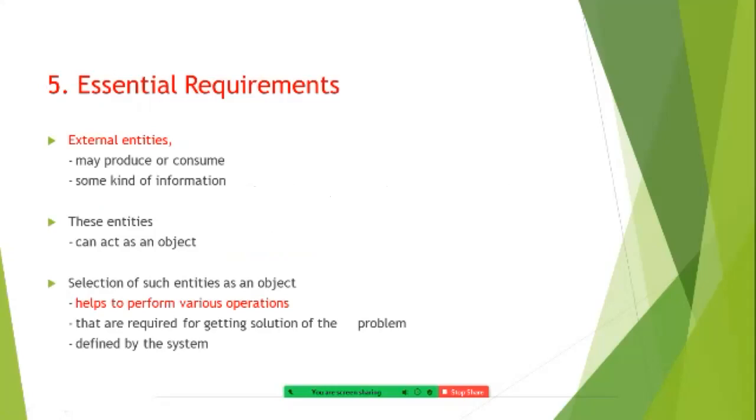In that, external entities may produce or consume some kind of information. These entities can act as an object, where selection of such entities as an object helps to perform various operations that are required for getting a solution of the problem defined by the system.